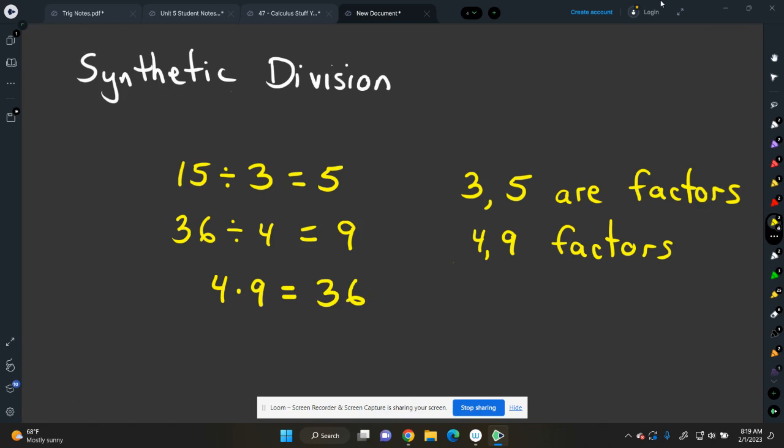So this is the principle that we're going to use when we're working with polynomials. We go back to what we know about just numbers, things that we learned back in third, fourth grade, and we're going to apply that to polynomials.